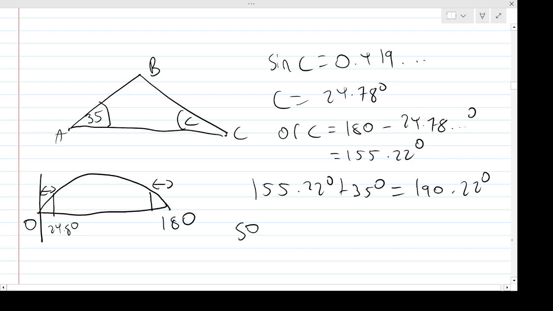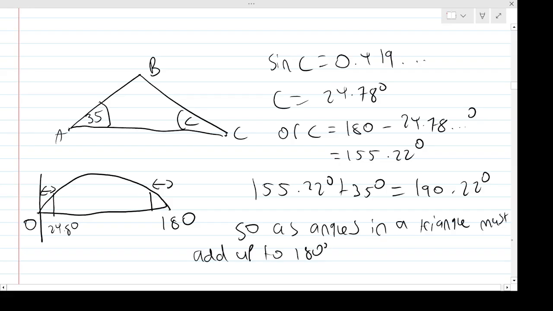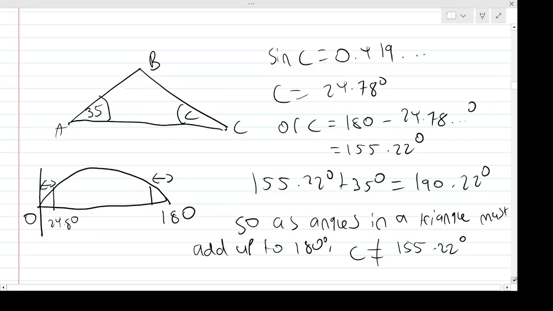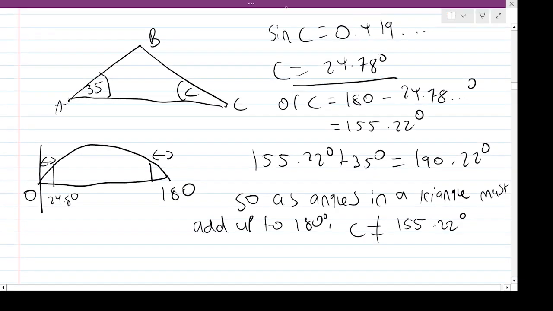As angles in a triangle must add up to 180, C cannot be 155.22. So we can only accept this solution, and therefore C is 24.78 degrees only. So in that case, we could only have that one solution.